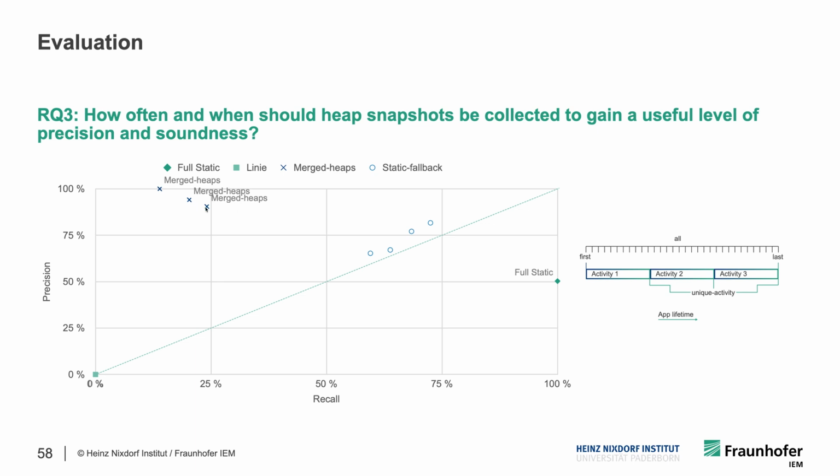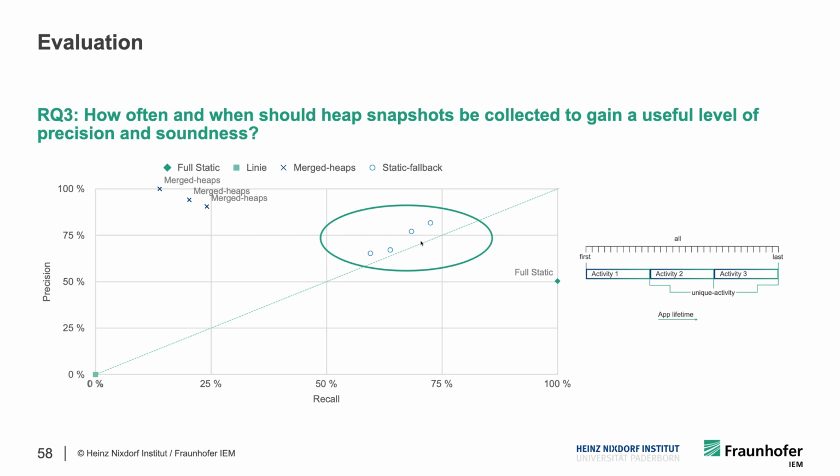And for the merged heaps configuration, if you collect further information, it might also improve precision even further, depending on how you use the information. So this was relatively interesting to see, that you could get up to 100% precision here, even in some cases.